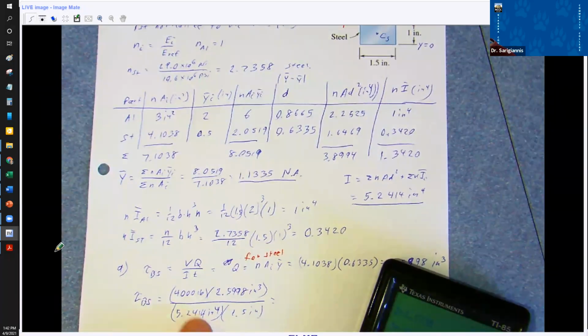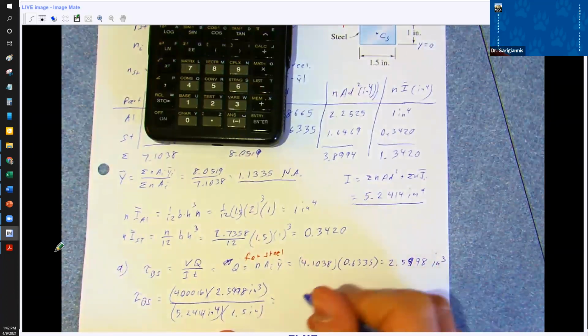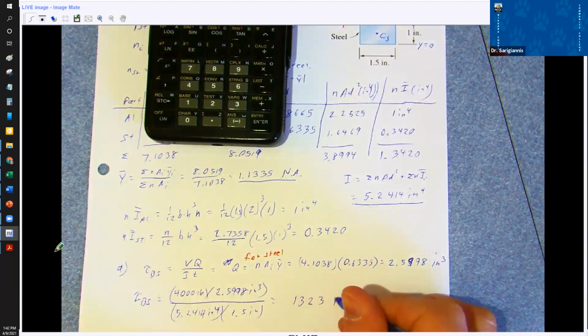Now I'm curious about my rounding. 4,000 times 2.5998 divided by 5.2414 times 1.5 gives me pretty close. 13, yeah. So I'm going to just round it here. 1323 psi.